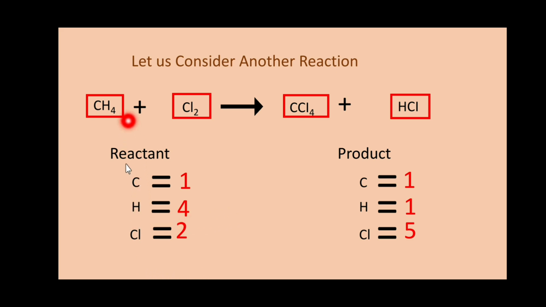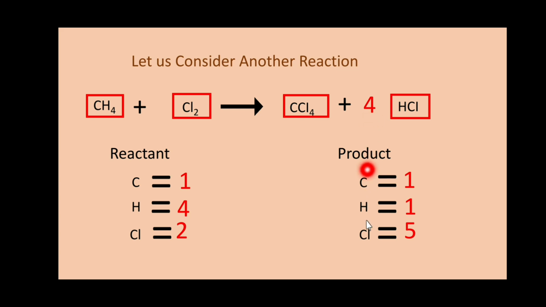On the reactant side, 4 atoms of hydrogen are there. To balance hydrogen on both sides, we have to add 4 as a coefficient before HCl on the product side. So now hydrogen atoms on both sides are balanced.